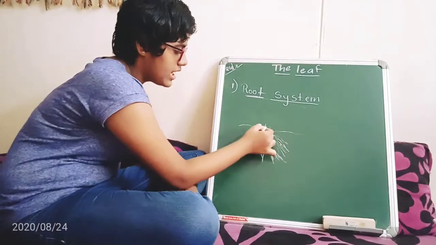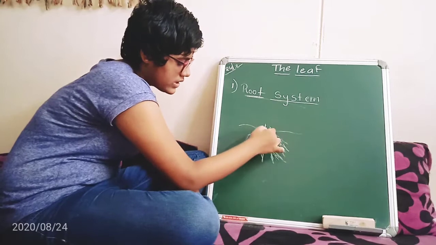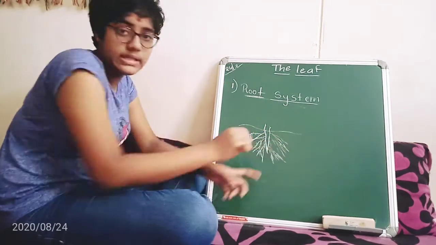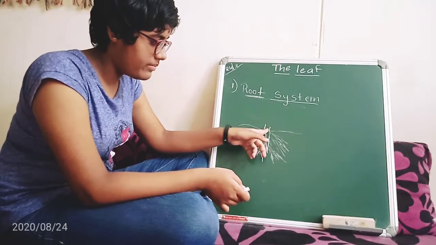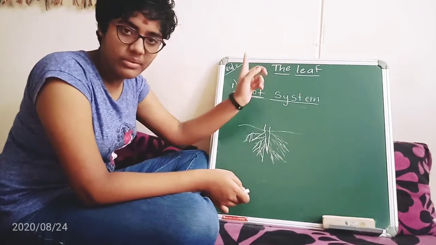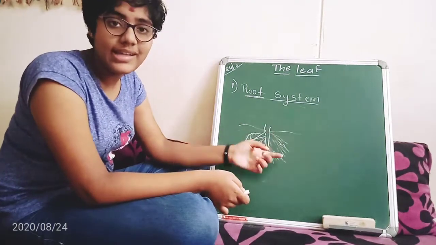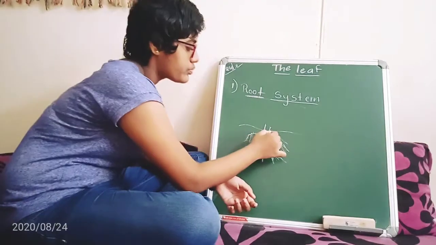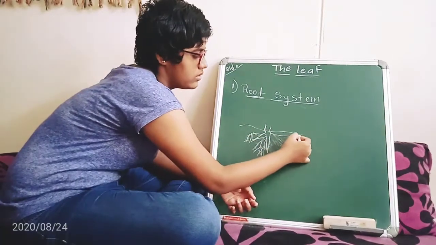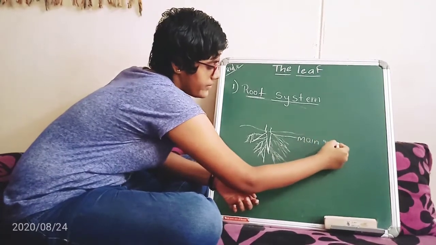Now see, you are seeing this part, yes? The main part which extends from the stem towards the ground, whatever broad part is there, is known as the main root.